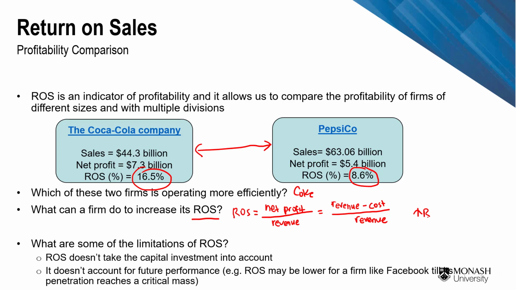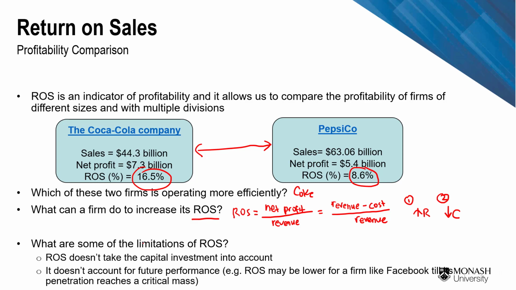So increasing revenue is one way, given that cost is constant, or the second one is to decrease costs, because when you decrease costs, then obviously your ROS will go up. So these are the only two ways of how you should view it.